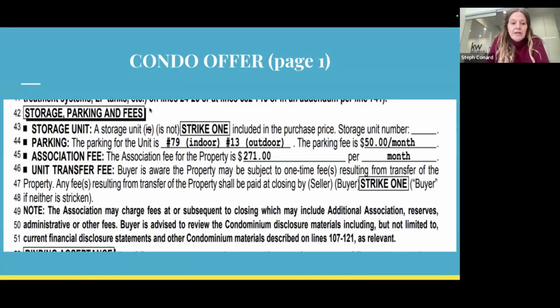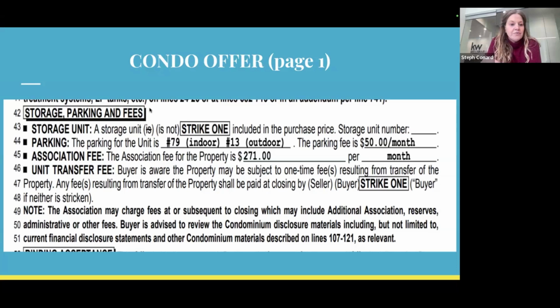But typically the buyer is paying for this. And this is also another item that you would find within the condo docs. And this is also a question that is posed on the condo addendum to the record. So I would look there as well to find out if there is a transfer fee.